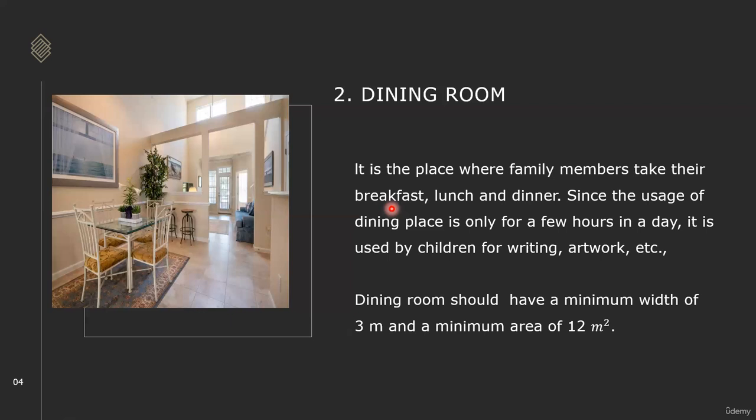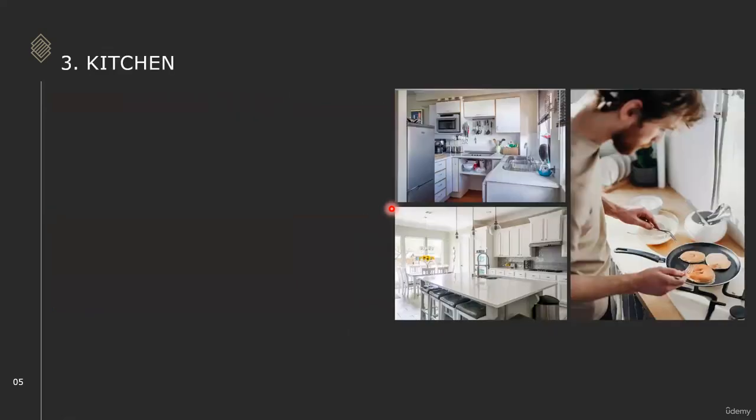For that purpose we consider 3 meters as the minimum width, and total area should be a minimum of 12 square meters. Okay, so that is the main purpose of the dining room.